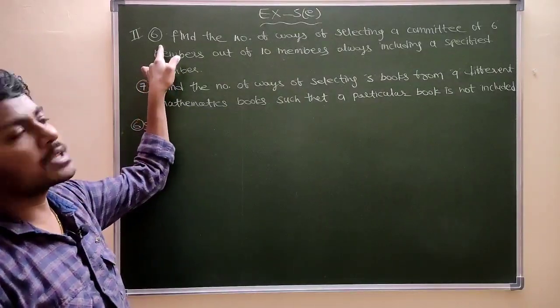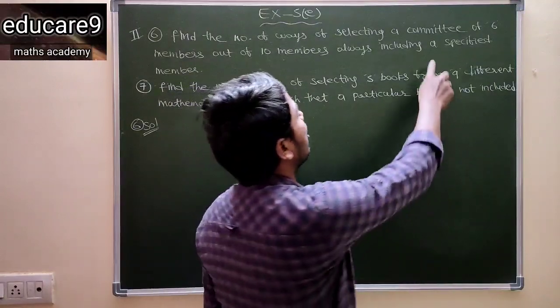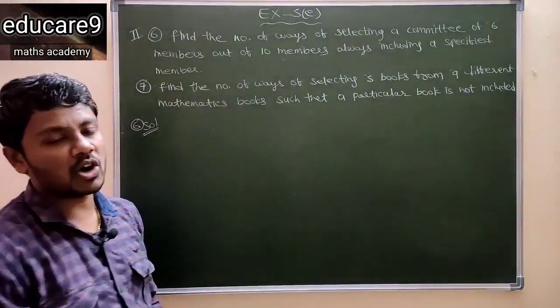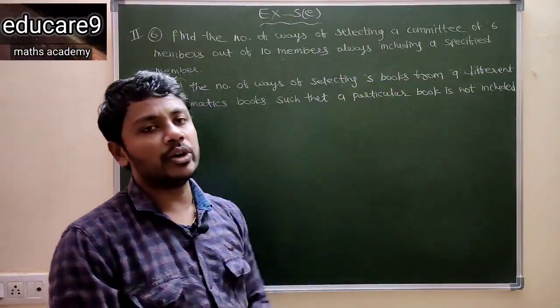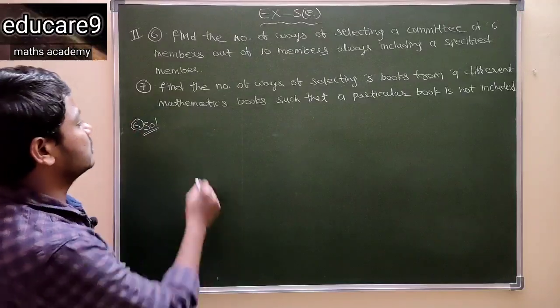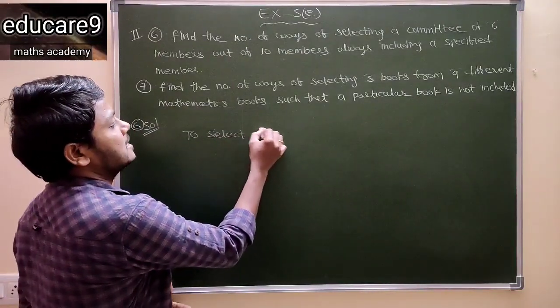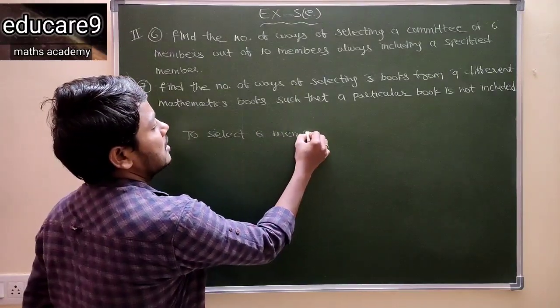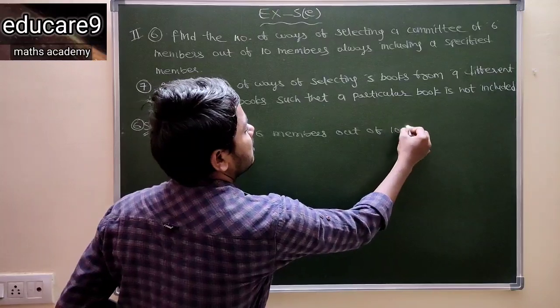So, the next problem. Find the number of ways of selecting a committee of 6 members out of 10 members, always including a specified member. So, see the solution: to select 6 members out of 10 members.